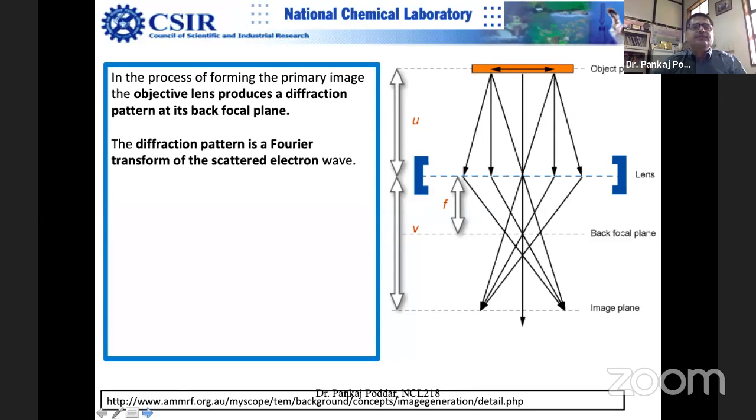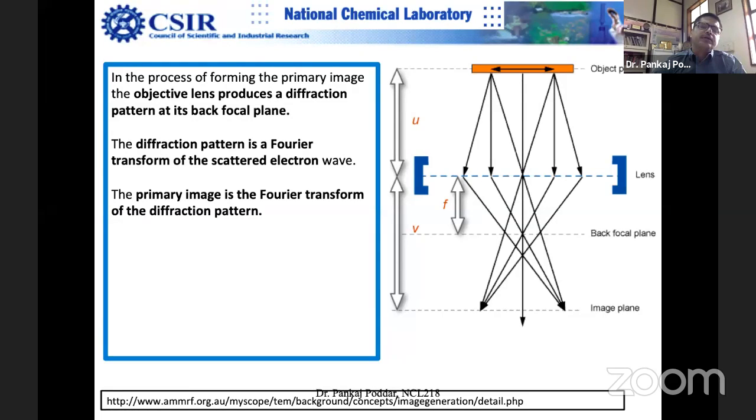So in this process of forming the primary image, this is the objective plane, and this is the objective lens. The objective lens basically produces a diffraction pattern. We all know that it produces the diffraction pattern at the back focal plane, and the diffraction pattern is nothing but the Fourier transform of the scattered wave.